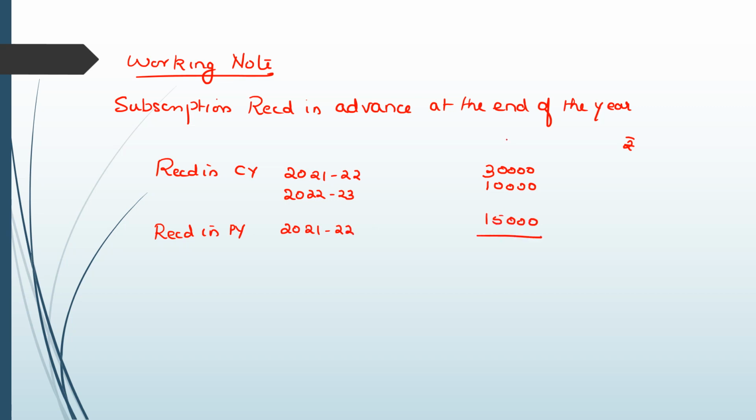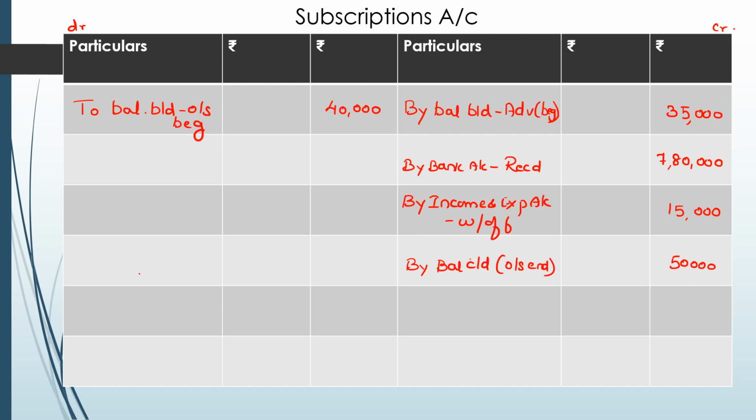So the total amount, that is 55,000, is the amount of subscription received in advance, which should be shown at the end of the current year. So this amount we put here to balance carried down, advance at the end.